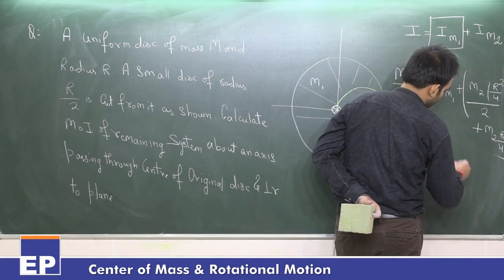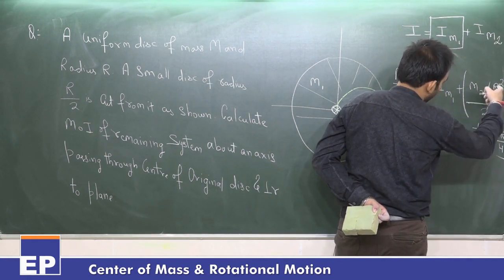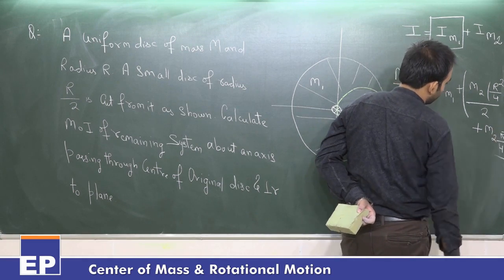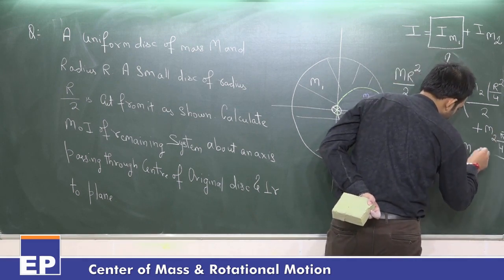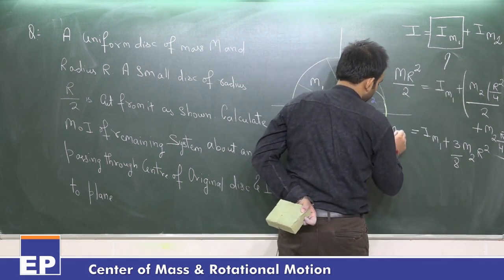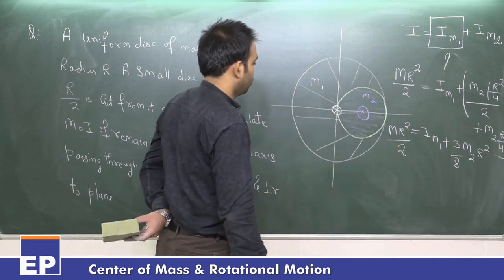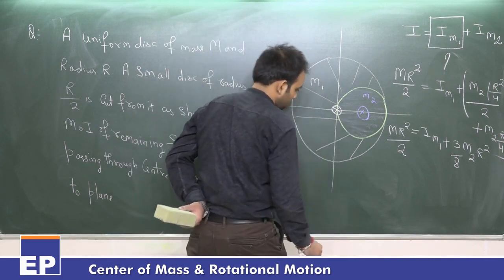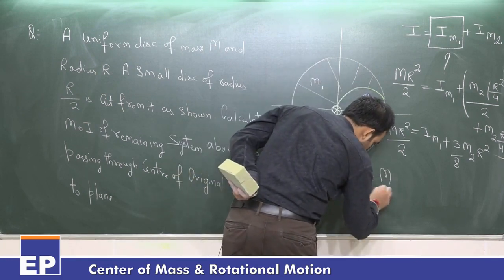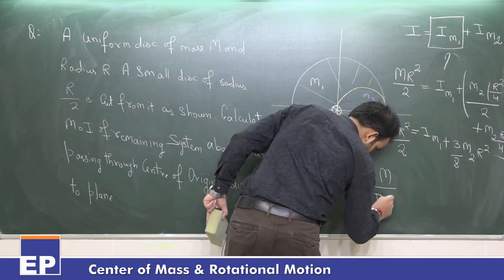That will become 3 m2 r square by 8, that is m r square by 2. Now what is m2? m2 is the area of this, so it is mass per unit area times the area.